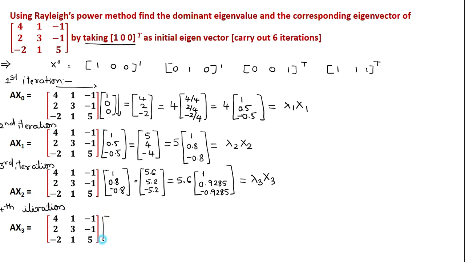For the fourth iteration, multiply the matrix A with x3. It is 1, 0.9285, minus 0.9285.